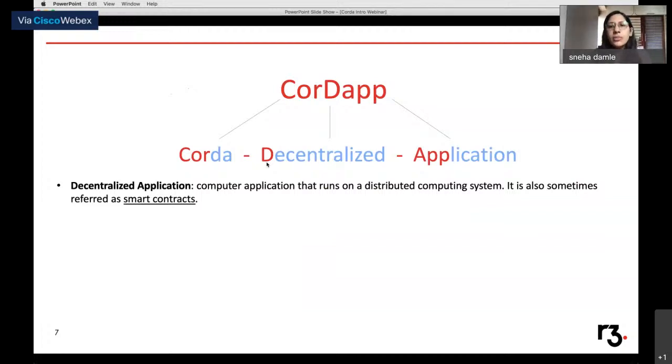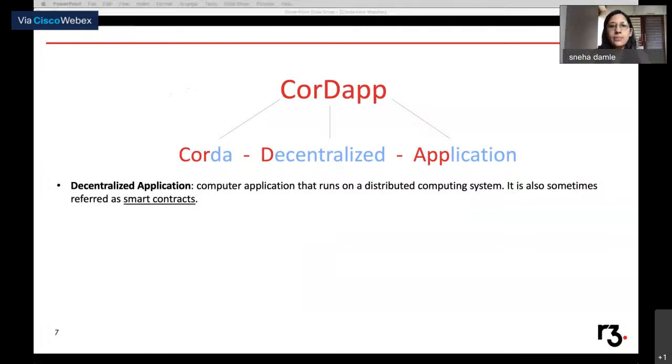Someone may ask what exactly a decentralized application is. Decentralized applications are compute applications that run on a distributed computing system. They are also sometimes referred to as smart contracts in other blockchain communities like Ethereum.